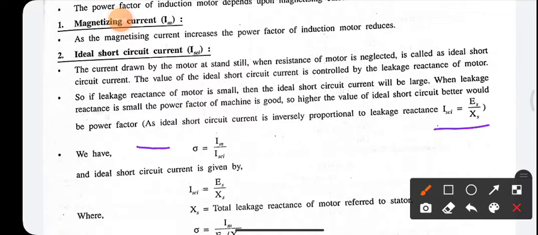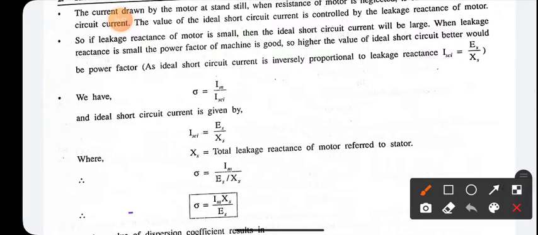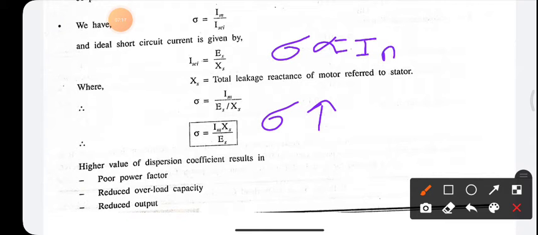So when we place the value of Isci in this equation, we get the final equation of the dispersion coefficient, that is sigma is equal to Im Xs upon Es. Finally, what are the impacts of a higher value of the dispersion coefficient? The dispersion coefficient is directly proportional to the magnetizing current, so if we want a high dispersion coefficient, the magnetizing current should be very high.